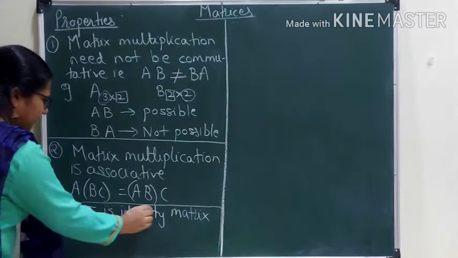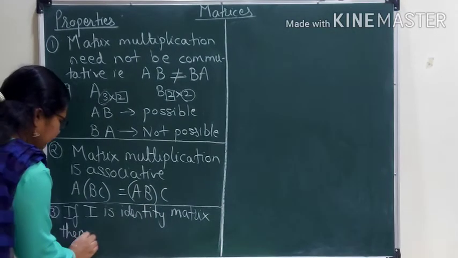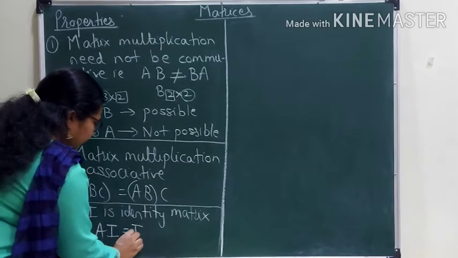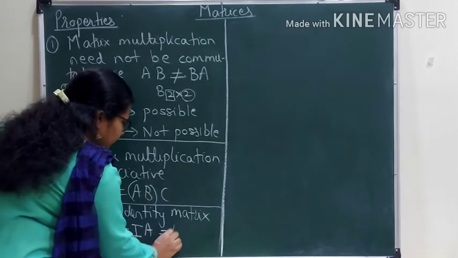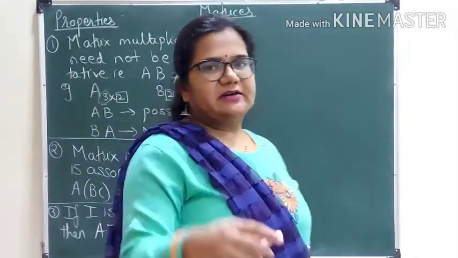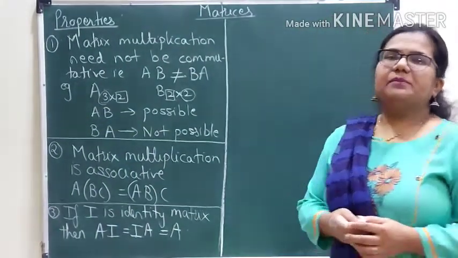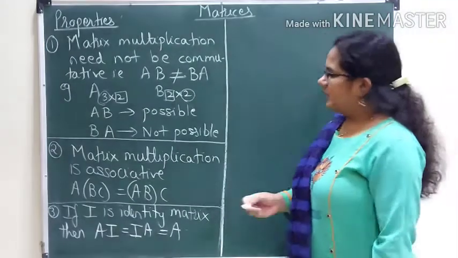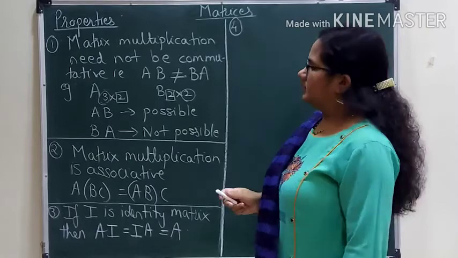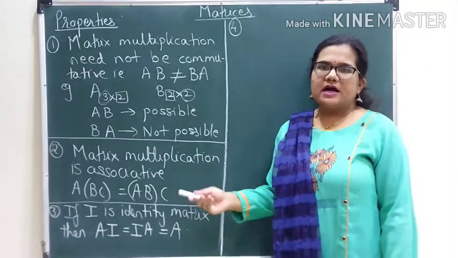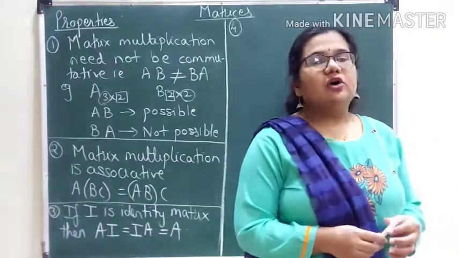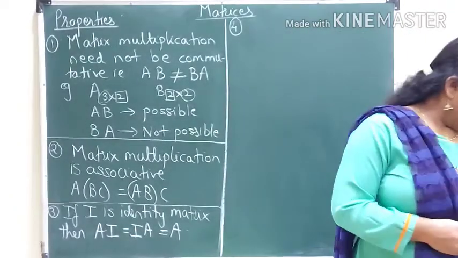Then if I is identity matrix, then A into I is equal to I into A, it is equal to A. So when you multiply any matrix by your identity matrix, you are going to get the same matrix A. Okay, this is your third property. Clear with this third property? Identity matrix means a matrix whose diagonal elements are 1 and non-diagonal elements are 0.